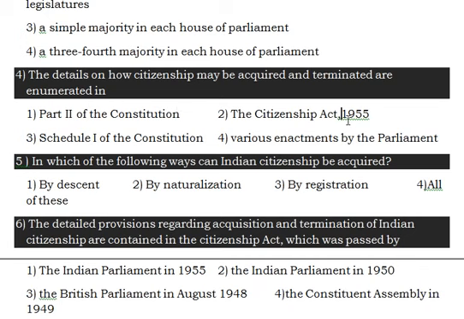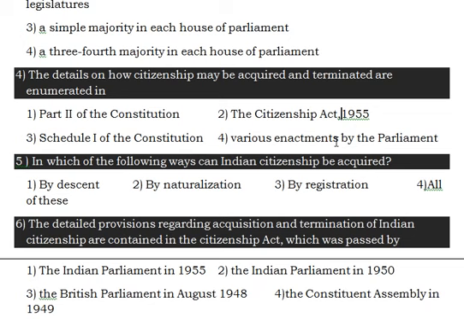Part 2 dealt only with the rights of citizens staying in India at the time of commencement of the constitution, those who migrated to Pakistan and returned to India, and NRIs, but nothing was mentioned about how to acquire and terminate citizenship. So Parliament passed an act, the Citizenship Act, in 1955.